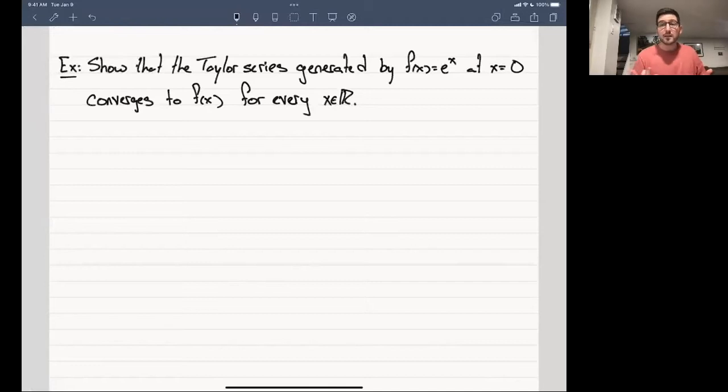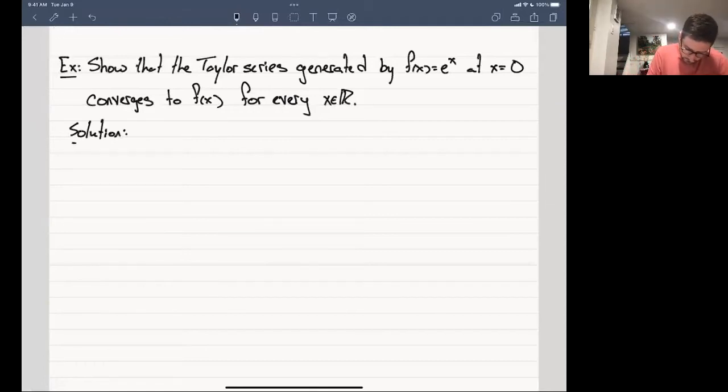And with this, that tells us that we can actually use the Taylor series to approximate the value of e to the x. You want to know what e to the 100 is? Use the Taylor series. You want to know what e to the minus pi is? Use the Taylor series. So how do we do this?